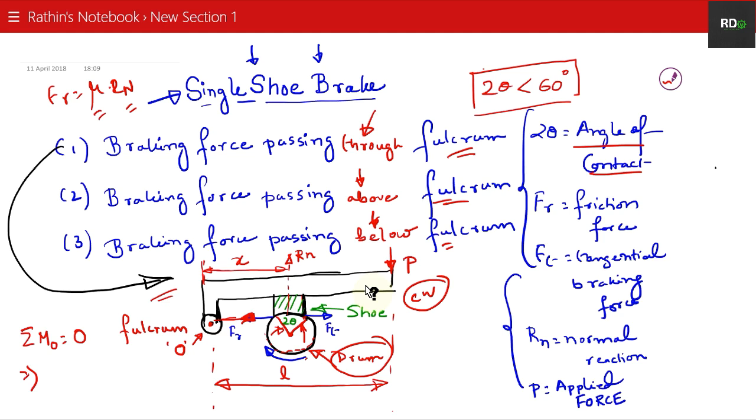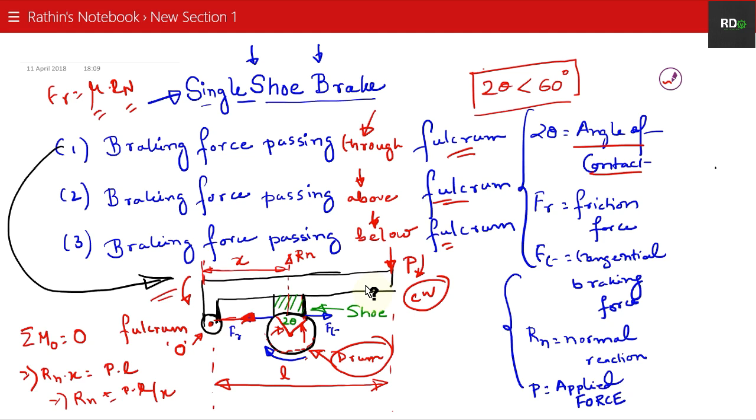In simple terms, Rn into X equals P into L. Rn into X will try to rotate the system clockwise, but this P into L moment will try to rotate the system anti-clockwise. So Rn will be P into L by X.